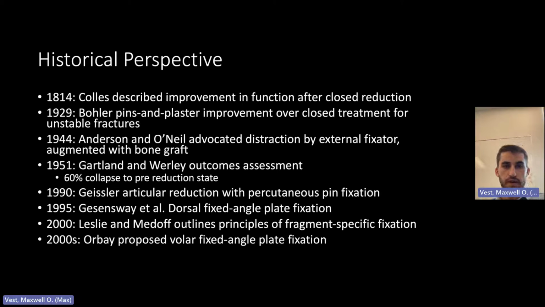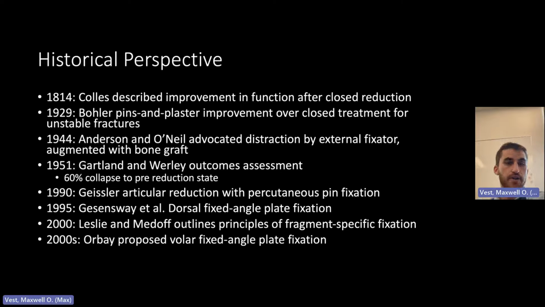And then in 1929, Böhler described a pins and plaster technique, and these patients did better than closed treatment for unstable fractures. Then in 1944, Anderson and O'Neil advocated distraction by external fixator augmented with bone graft. And for many years, external fixation was used to fix distal radius fractures.